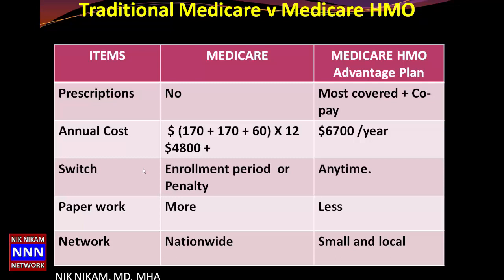Especially if you are entering into the Medicare age with heart conditions, diabetes, hypertension, and you're on 6 different medications, then you need to seriously think about what your total cost is going to be being on Medicare versus a Medicare HMO or an Advantage plan.